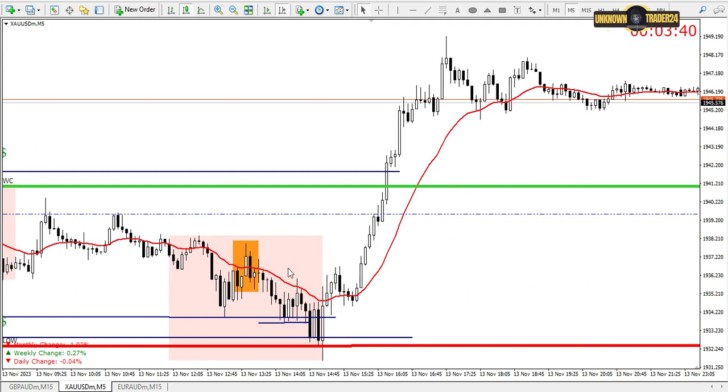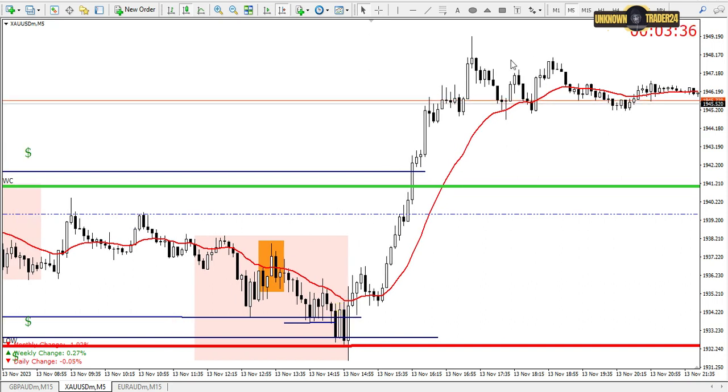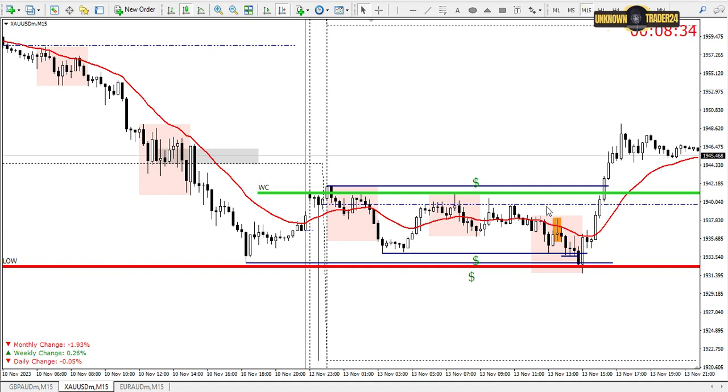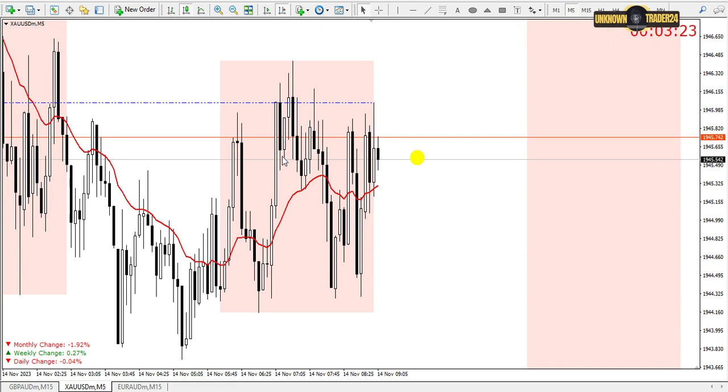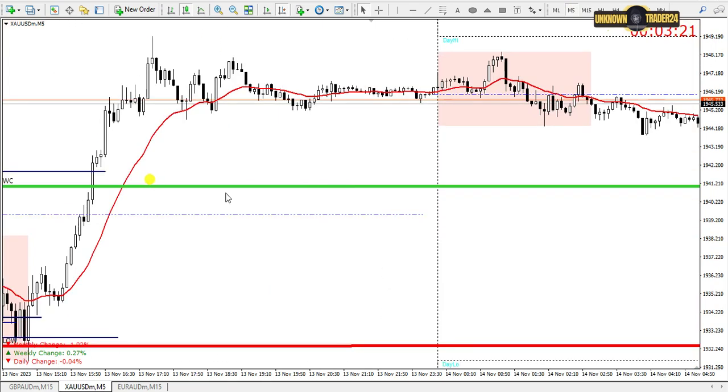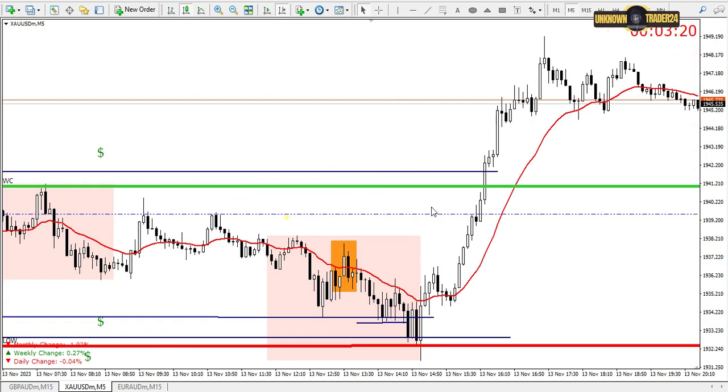I personally will use a 5-minute chart. Once they throw the stop hunt, I open a 5-minute, 15-minute, and a 1-minute on different monitors, because I want to be monitoring this move very carefully.